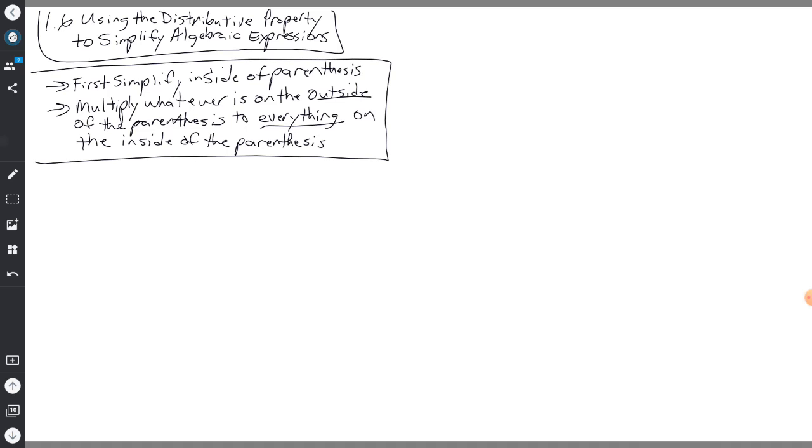When I was writing the order of operations earlier, when I said that you simplify inside first, or distribute whatever's on the outside, this is what I meant. So let's take a look at using this rule.